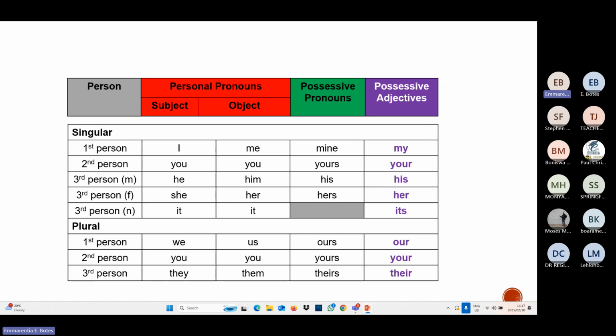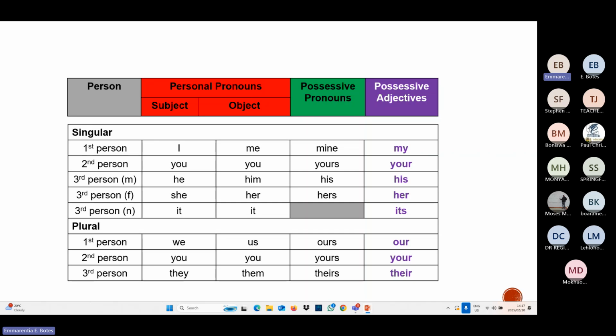Third person male, the subject he and the object him. Third person female, the subject she and the object her. And third person neuter, the subject will be it and the object it.